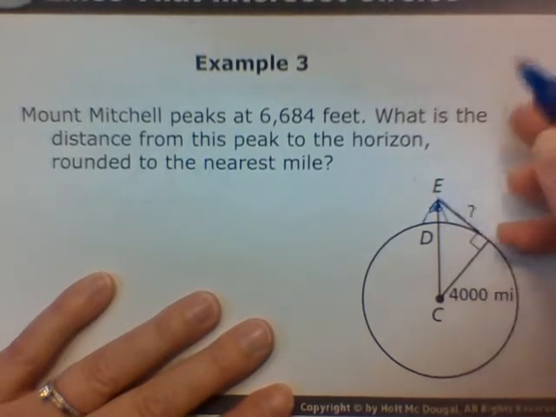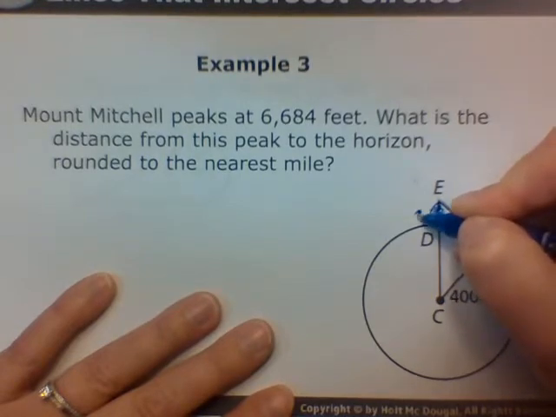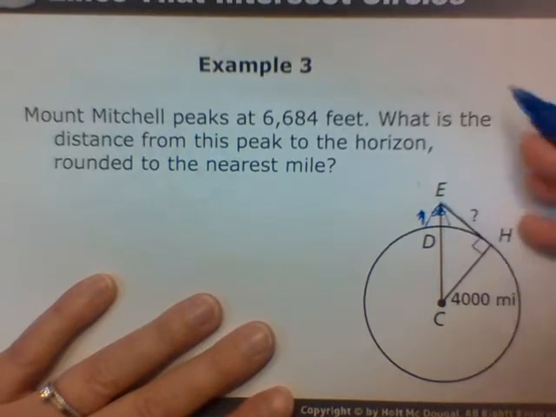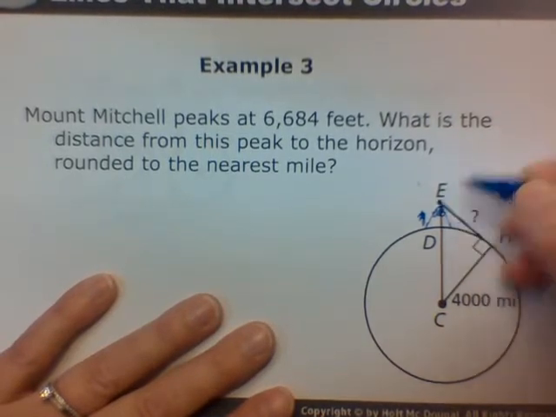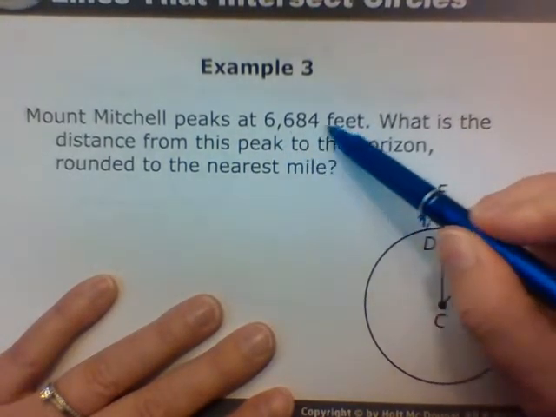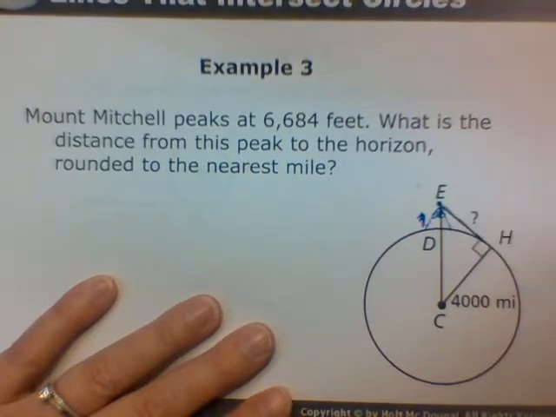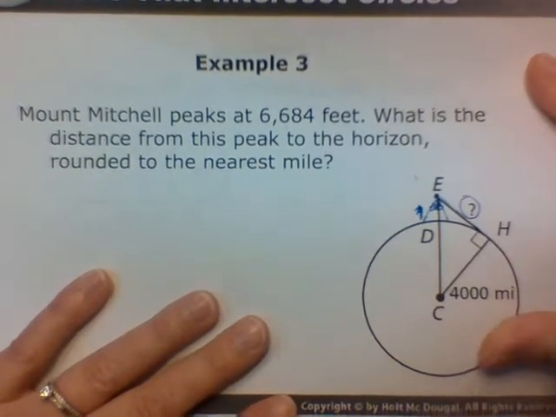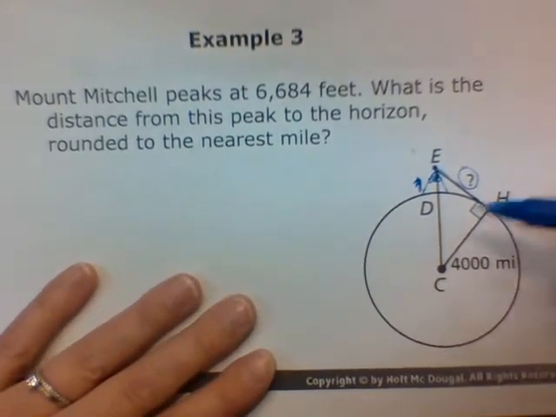There's some snow on the top and a little tree going off the side there. Its peak up here at E is 6,684 feet above the Earth's surface. So what is the distance from the peak to the horizon? Notice this question mark here, that's what we're trying to find, and we're going to round it to the nearest mile. So here we are with a right triangle.